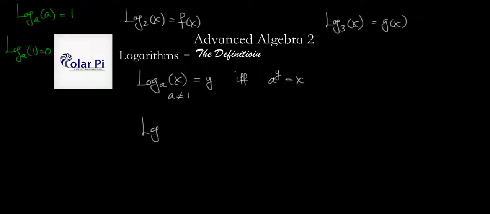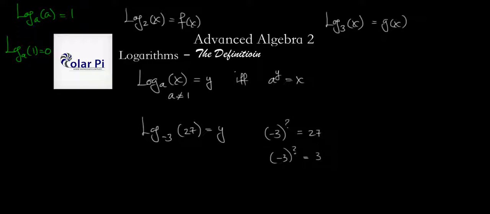So what about log base negative 3 of 27, right? So here we say that equals y. And so we're looking for negative 3 to the what power is equal to 27. Since 27 can be written as a power of 3, we have 3 to the what power?